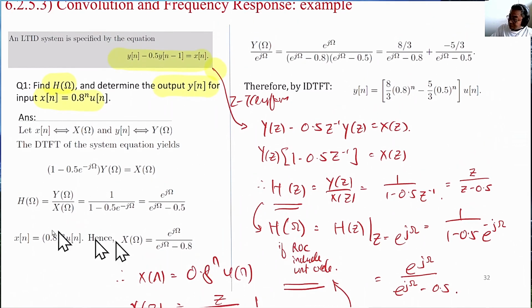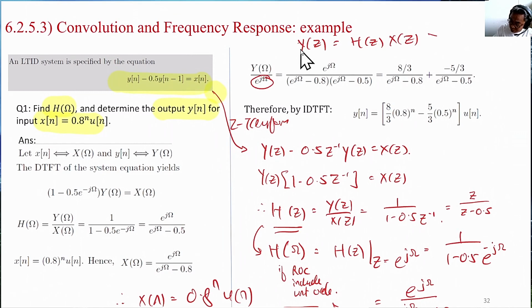So finally, to get Y(z), it is simply Y(z) equals H(z) times X(z). And you realize again this trick: to do the partial fraction expansion, we work with Y(z) over z equals 1 over z times H(z) X(z).